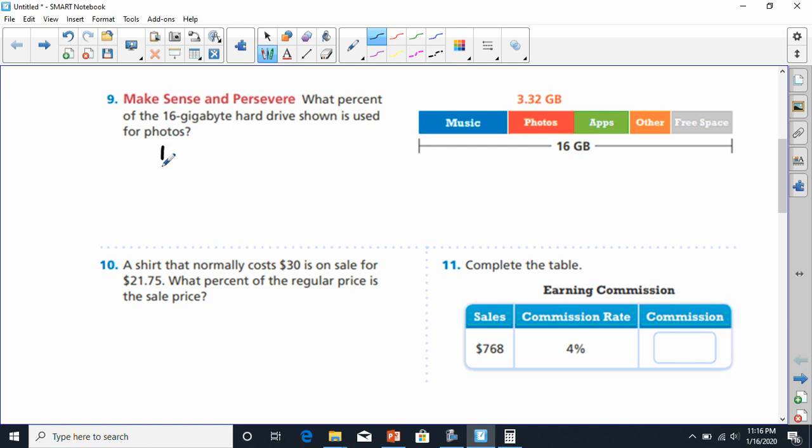The part is going to be equal to the percent times the whole. We know the whole is 16 gigabytes.